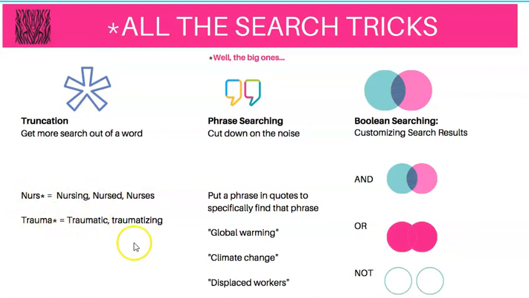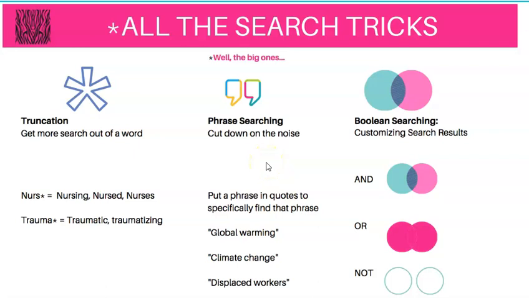You look for the most common place they end and put the asterisk there. So if you do this search in ProQuest, it'll come up with trauma, traumatic, traumatizing, traumatized as well, and a few probably I haven't thought of. But this is really great when you have a word that has multiple endings that are used a great deal as well, and might keep you out of some particular article over another.